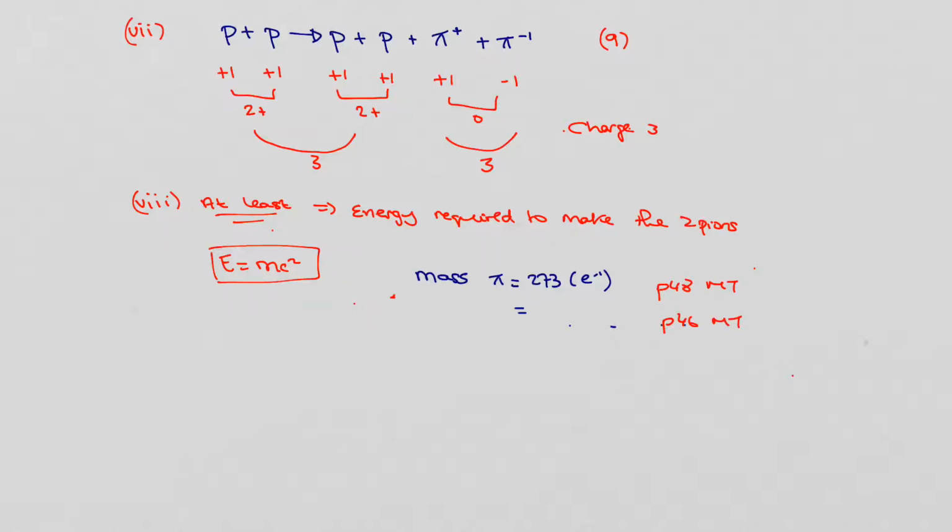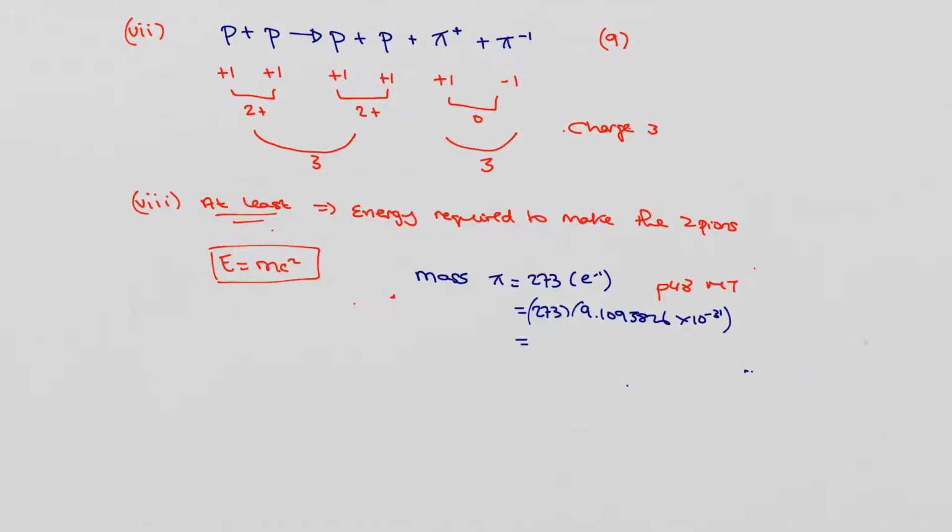And if we look at that, that's going to be 273 times the mass of our electron, which is 9.1093826 by 10 to the power of minus 31.